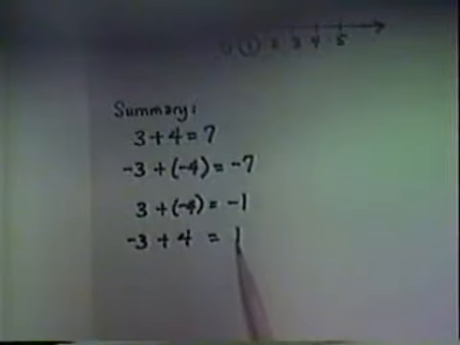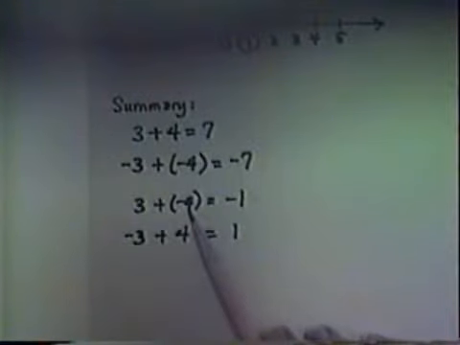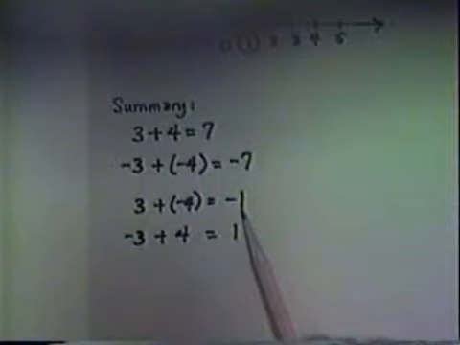In these two examples, the two numbers are going in different directions and their results are subtracted. That is, we subtract the absolute values to get the size of the number that's our result, and the one that dominates, the one that has the greater absolute value, is the one whose sign stays with the answer.